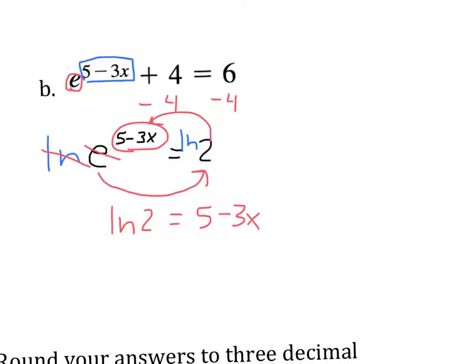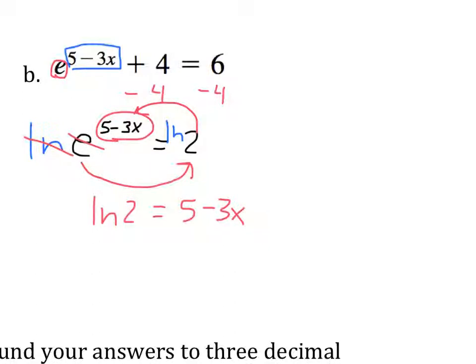Now, we pull out our calculators and evaluate natural log of 2. So go ahead and do that. And then we get 0.693. Now, I'm not going to clear that out of my calculator, because with my calculator, there are 2 other things I'm going to do. I'm just going to subtract 5 and divide by negative 3.